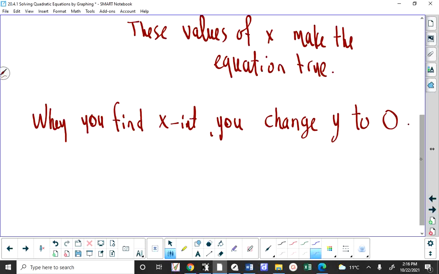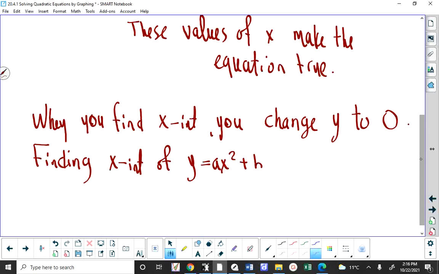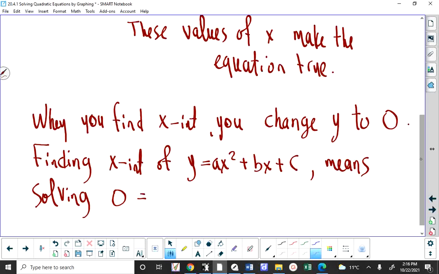So finding the x-intercepts of y equals ax squared plus bx plus c means solving zero equals ax squared plus bx plus c.